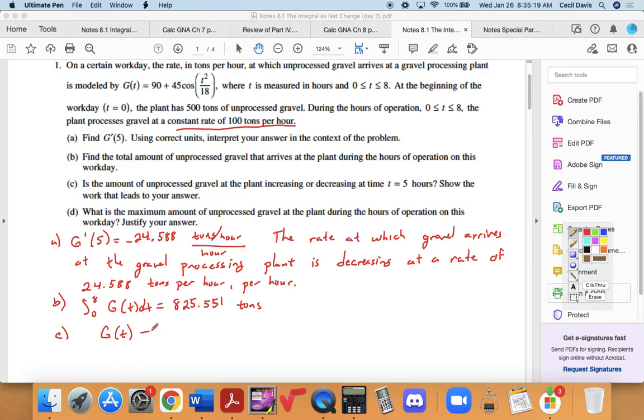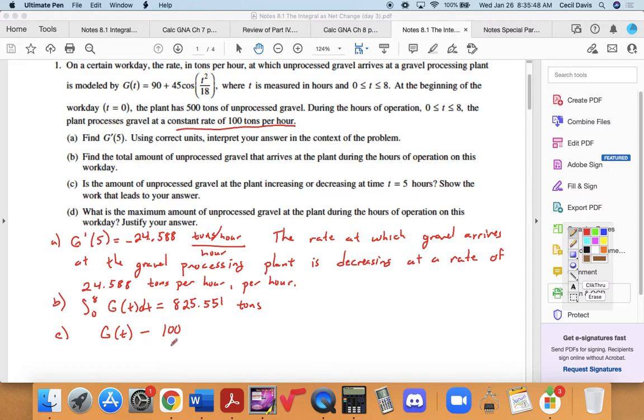Minus 100, because gravel is being processed at 100 tons per hour. So this is gravel in, this is gravel out. That makes sense? That happens a lot on these problems. You have one going in one direction, one going in the other direction.